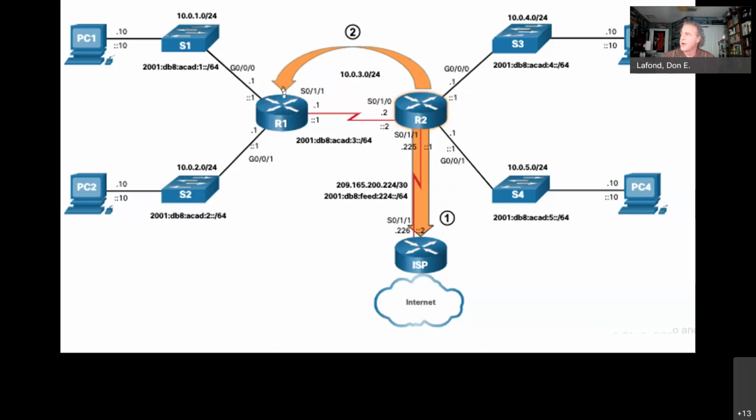Now, for R1, it would use a default route to R2, because if R1 does not have a path to any address that it wants to reach other than the 1 network and the 2 network, then its default route would be R2. R2's default route is going to be the ISP.